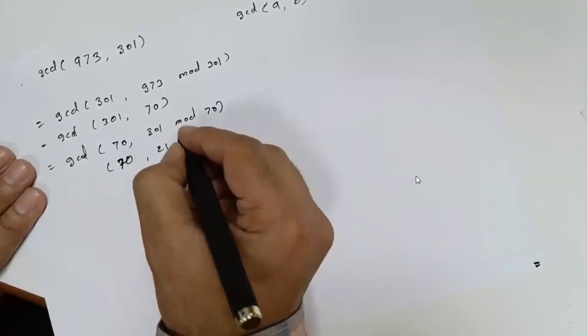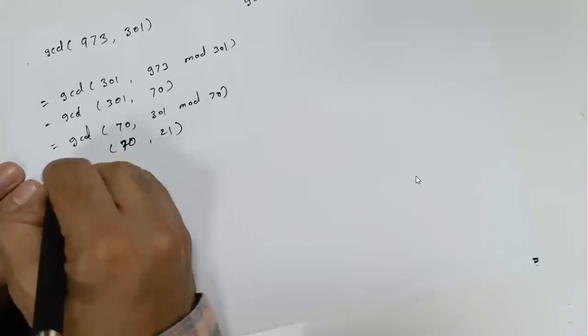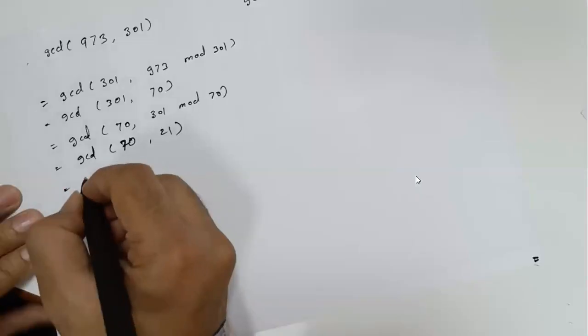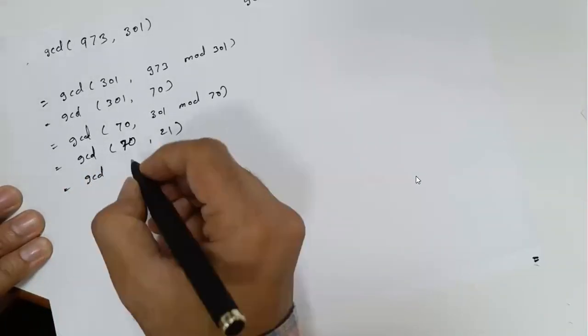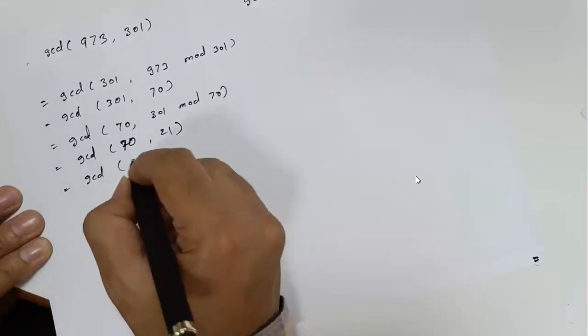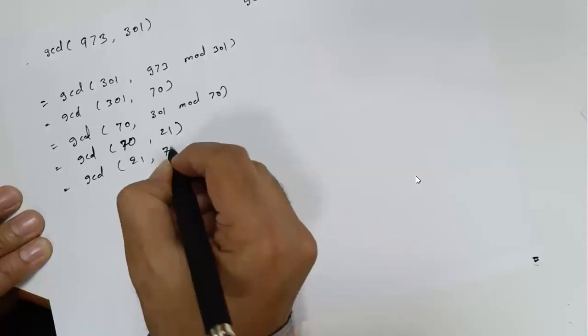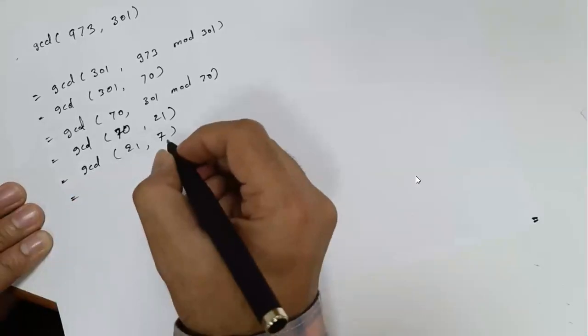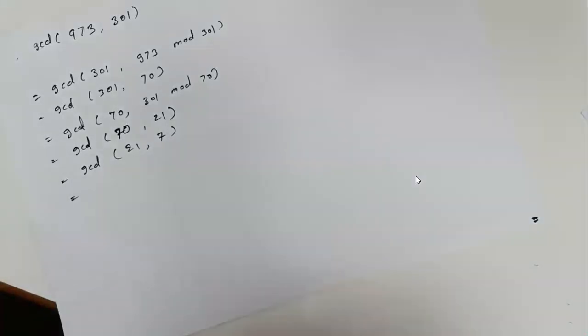Yes. Okay, good. Then GCD of 21, 7. Good. And this is the answer: 7.